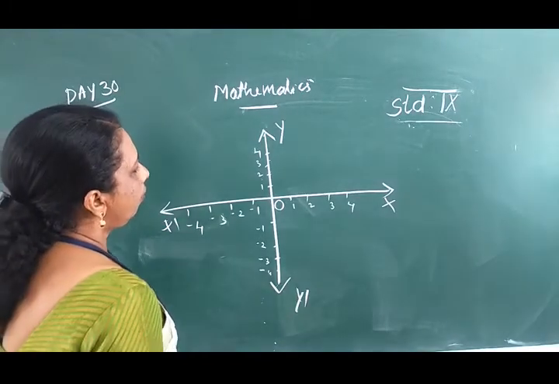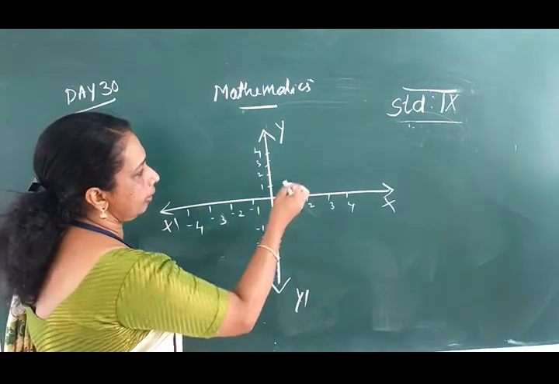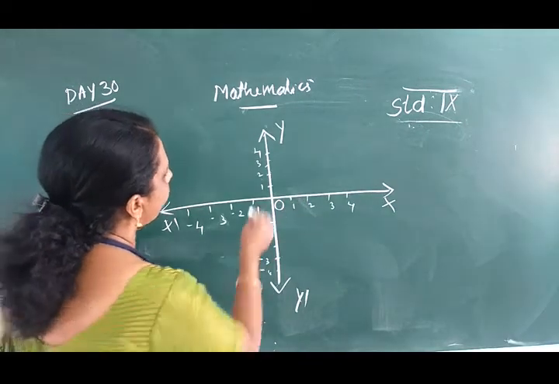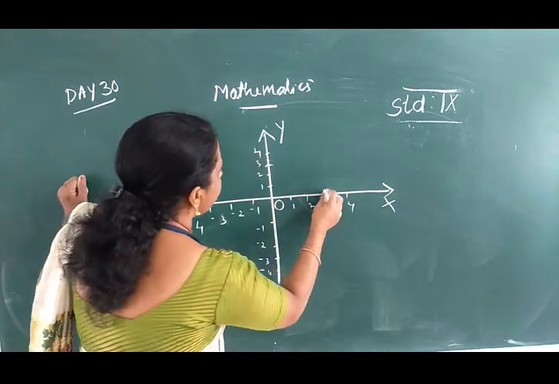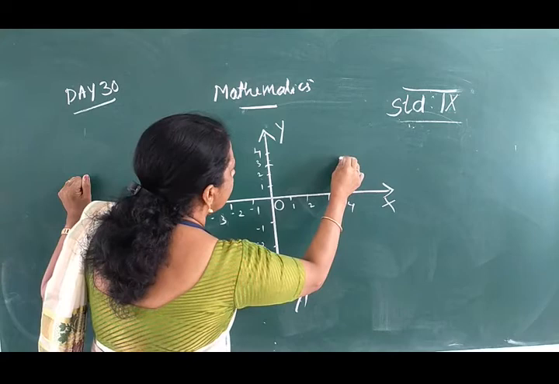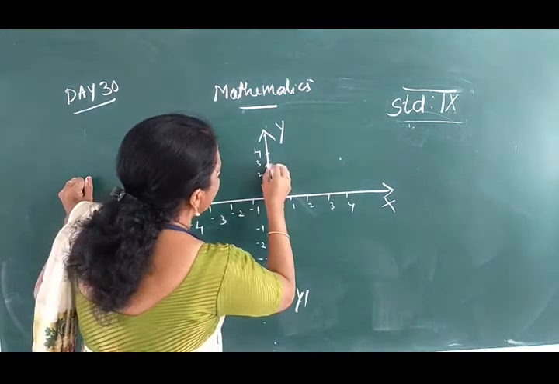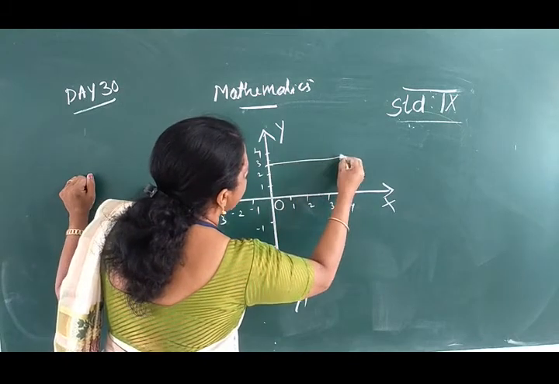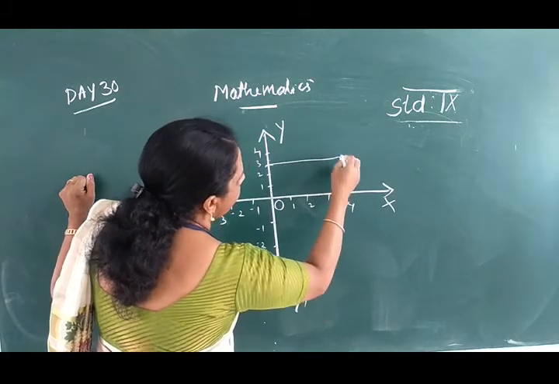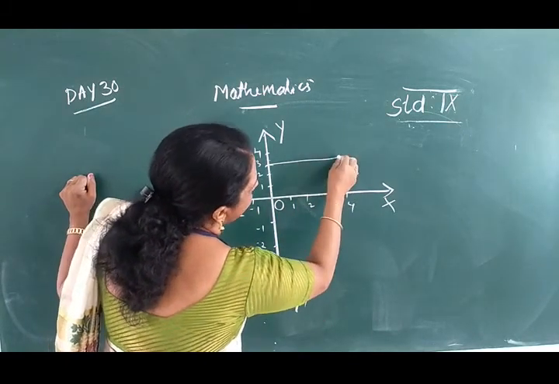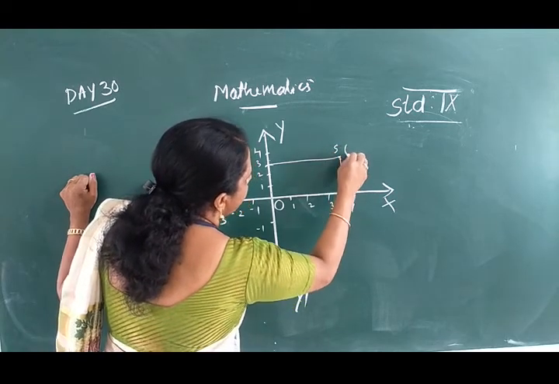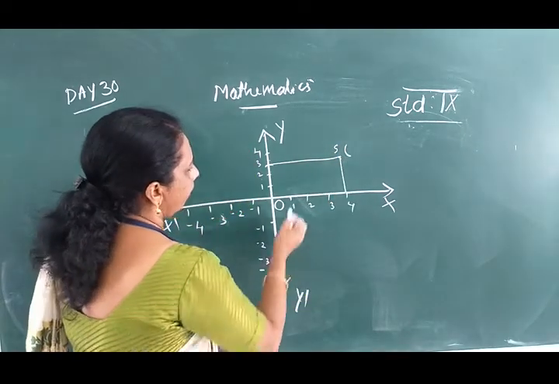Here we have to take a point in this plane. I am taking a point here, and we have to locate its position. This point is P. Its coordinates you know.